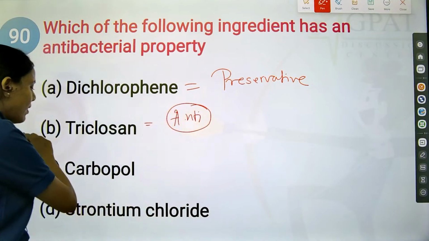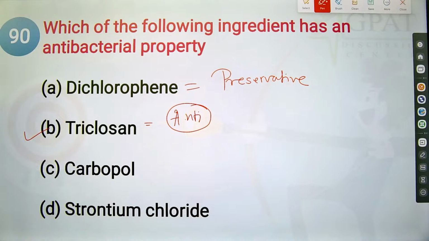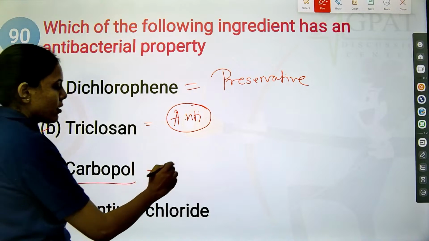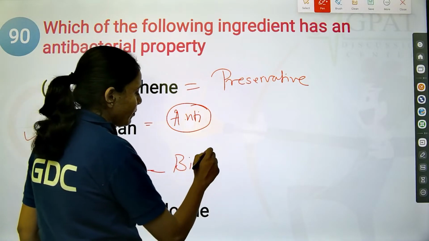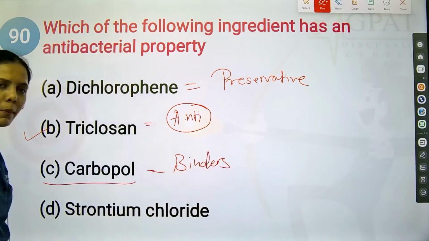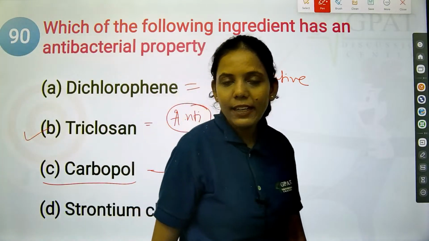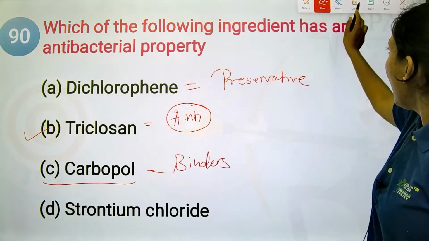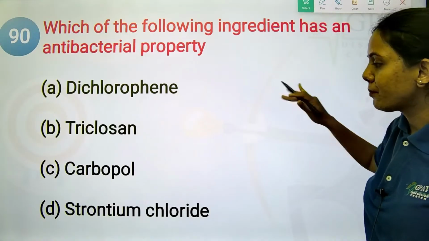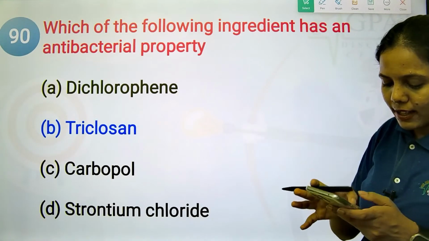This one is the right answer. Then we have Carbopol. Carbopol acts as what? Binders. Okay, veegum and the Carbopol, they act as binders. Next is strontium chloride. Okay, that is a desensitizer. So basically option B, triclosan, is the right answer. That is antibacterial. Okay. Triclosan is the right answer.